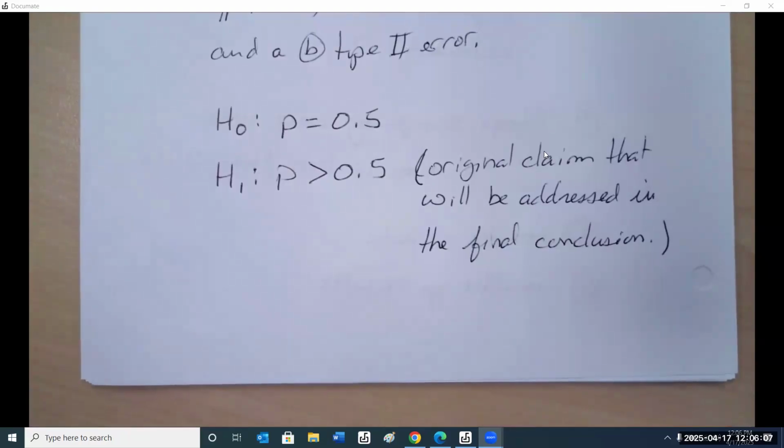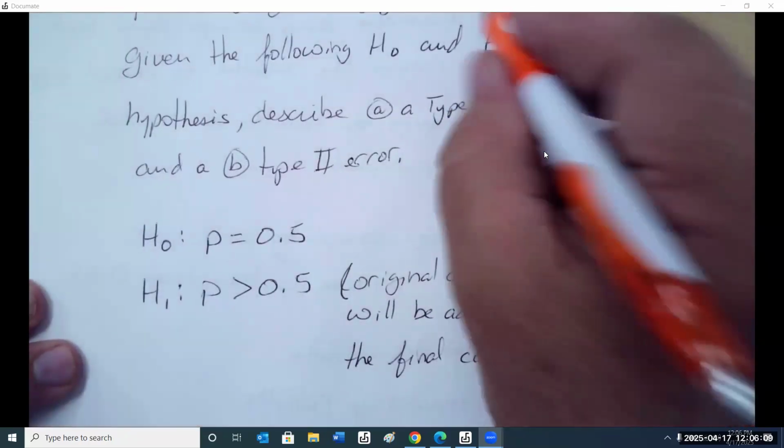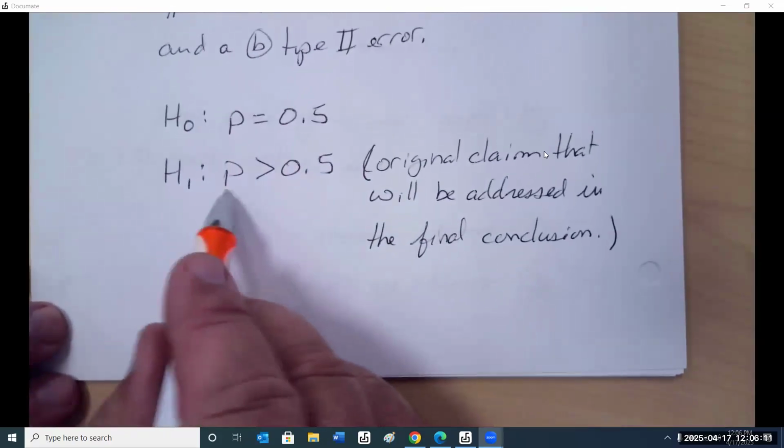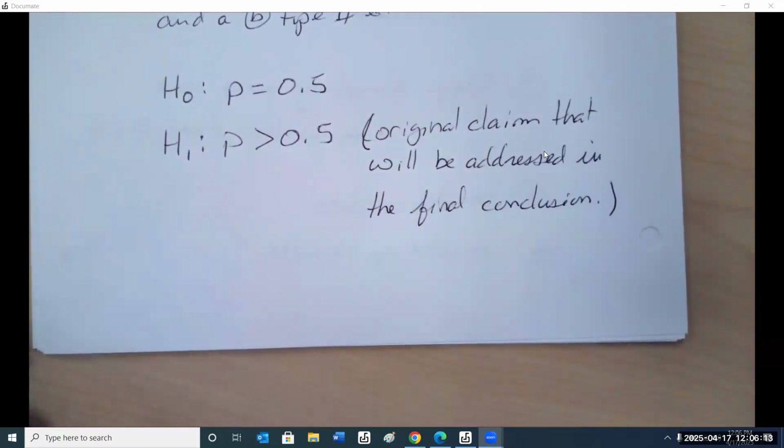So we have this. Remember, the claim is that... So here's our claim. What would a type 1 error be?